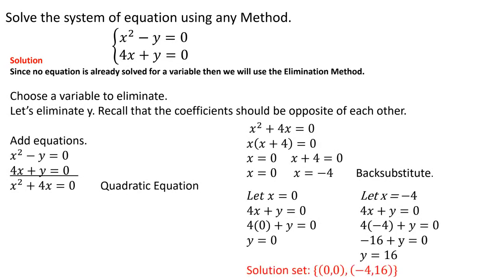So my points are 0, 0, and -4 and 16. Okay, so here, let me get my pen out. So the first equation looks like it's going to be this here probably.